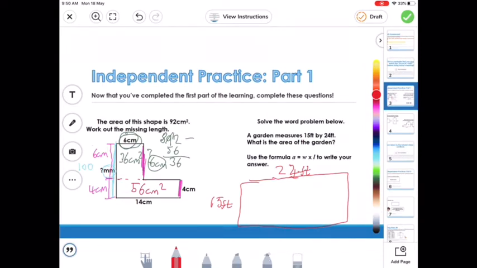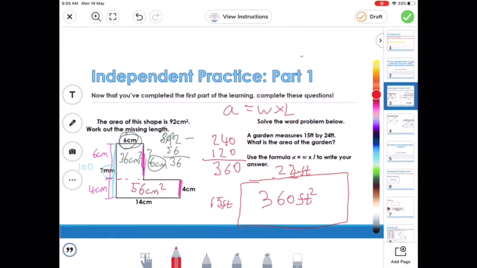Use the formula A equals, so area equals width times length. So if I do 24 multiplied by 15, I know 24 times 10 is 240. I know 5 times 24 is 120. And I add them together. That's 360. So the area inside here is 360 feet squared.